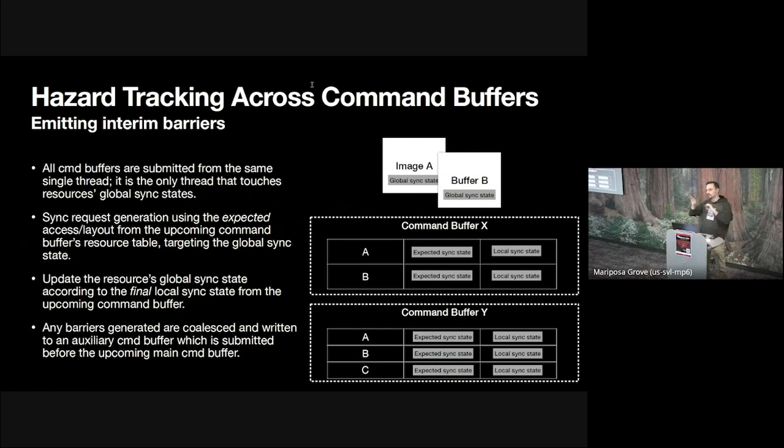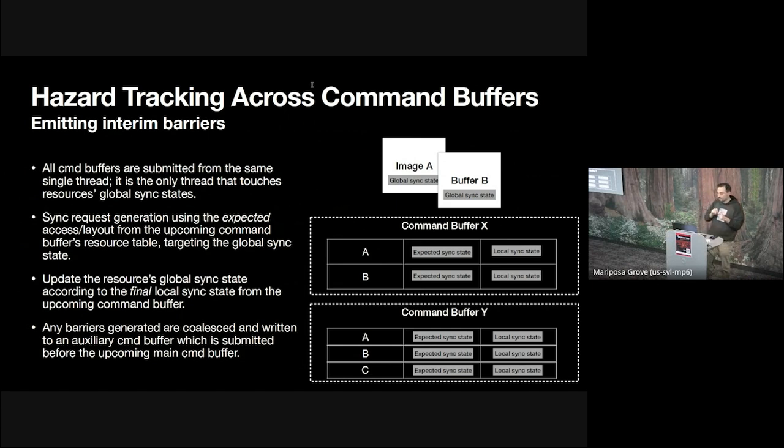So, okay, let me first explain what we actually do and then explain why we're doing it. What we actually do is we check for each participating resource whether the command buffer has written to it or not. If the command buffer has written to it, then it's safe to just clobber the state because there had been a barrier somewhere.